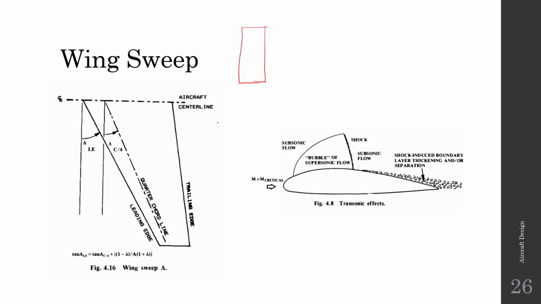Aircraft want to fly at higher velocities. I mean, not aircraft, but companies and designers want to create faster aircraft. But there is a limit at the speed of sound. When you approach that limit, if your aircraft is not properly designed, then there is going to be high drag.